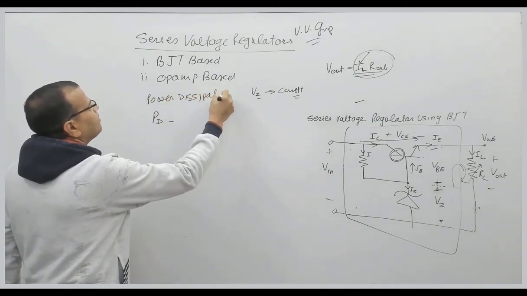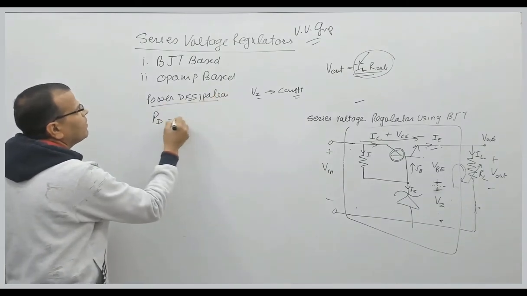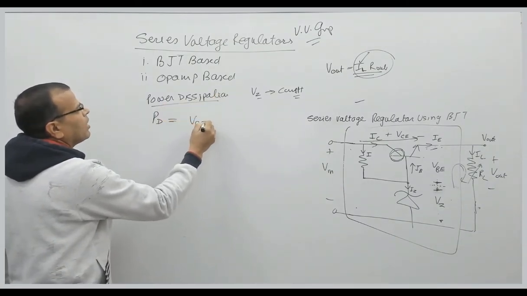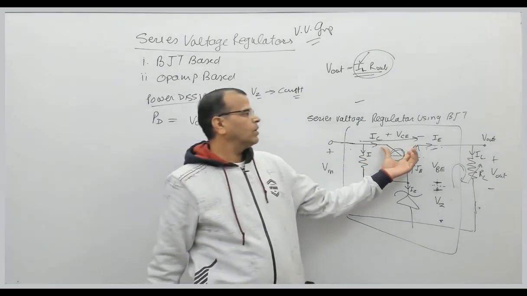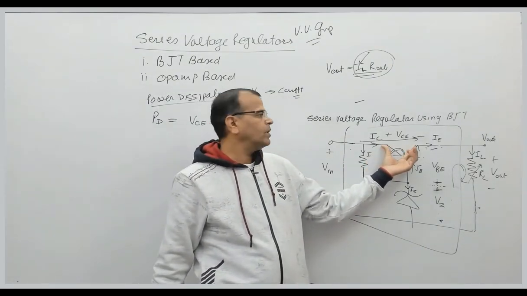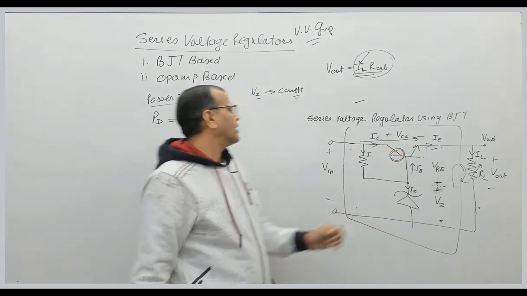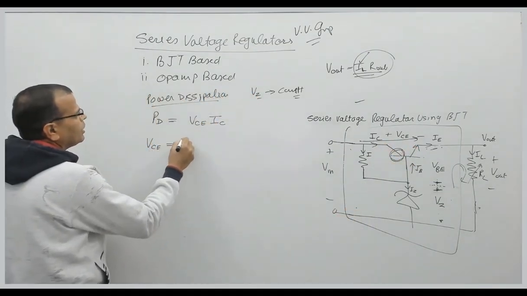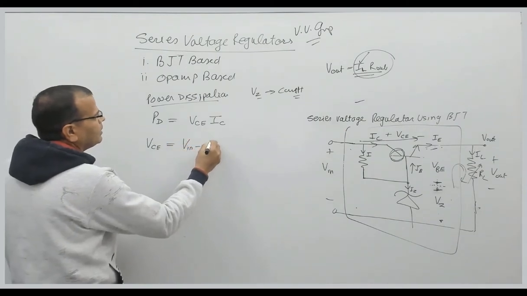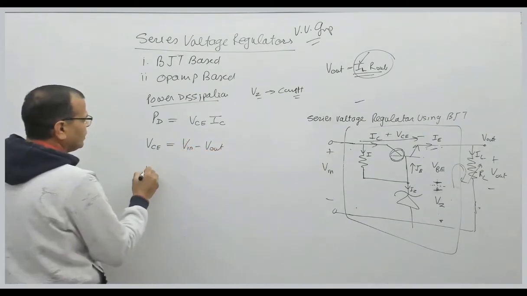So power dissipation in this circuit is nothing but the power dissipation occurring across the collector junction, which is given by the voltage VCE and the collector current. What is voltage VCE? The voltage VCE is V in minus V out. And what is the collector current?